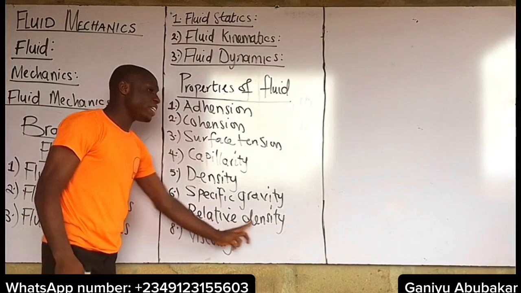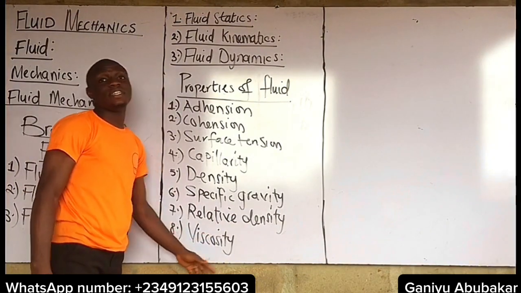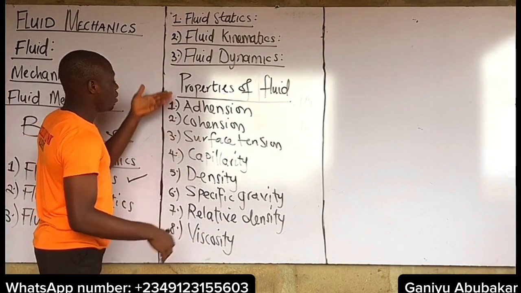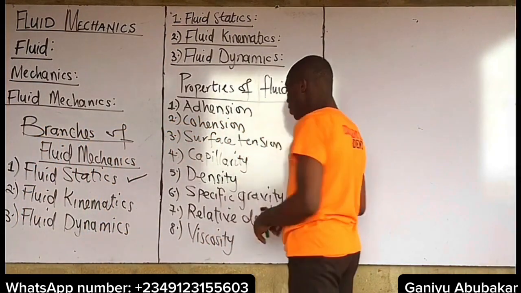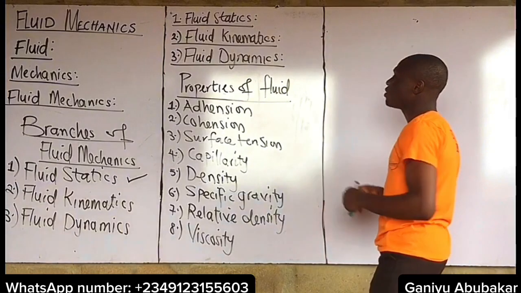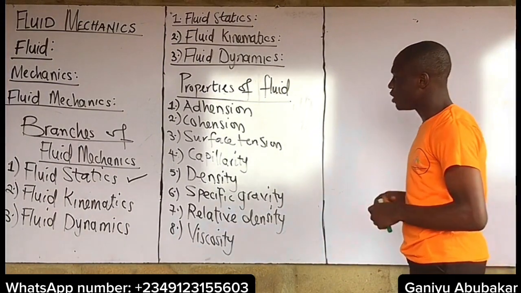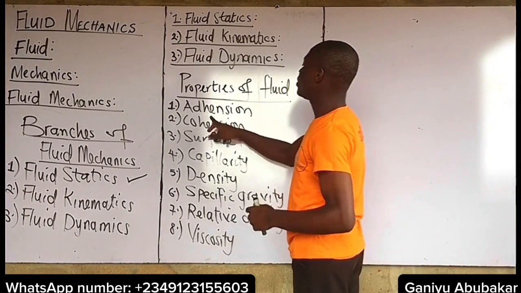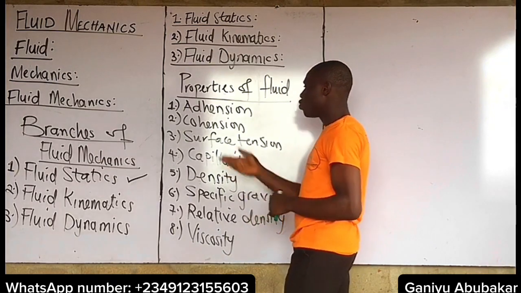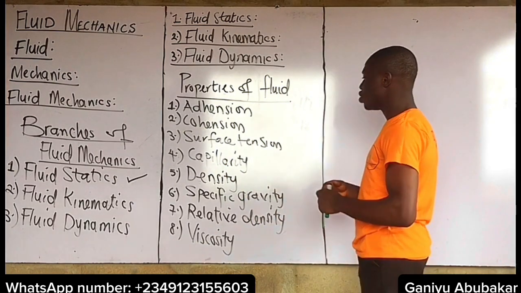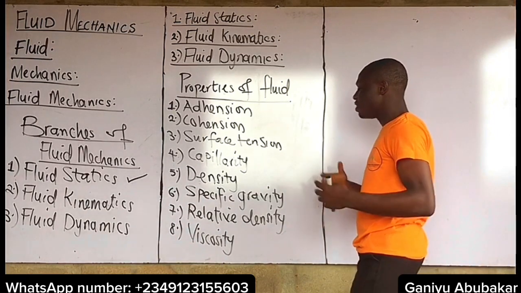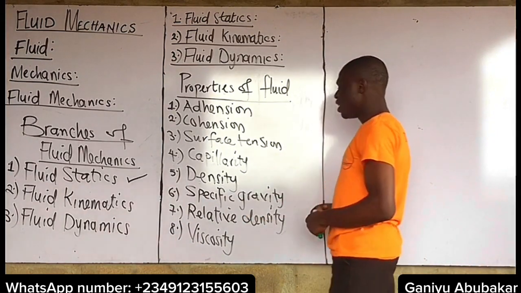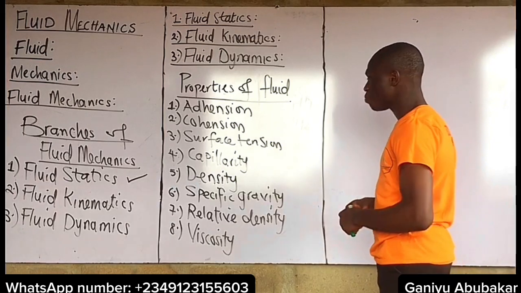Number eight, viscosity. These are the 8 properties of fluid. As you can see, let's discuss these properties one after the other: adhesion, cohesion, surface tension, capillarity, density, specific gravity, relative density, and viscosity.